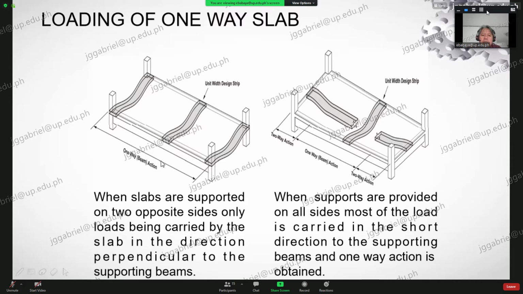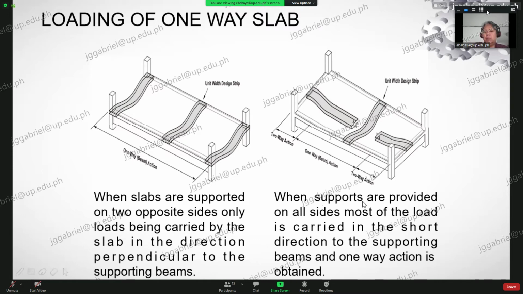And then, as I've said, yung deformation would be along the shorter dimension. Okay? So ang deformation niya would be like that. Or particularly, this is the elastic curve. Okay?